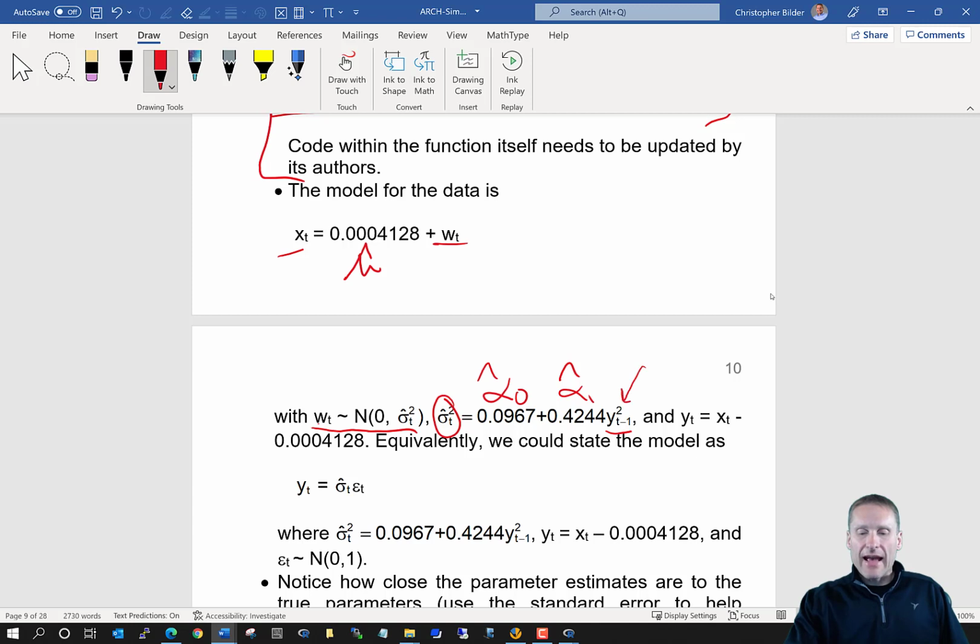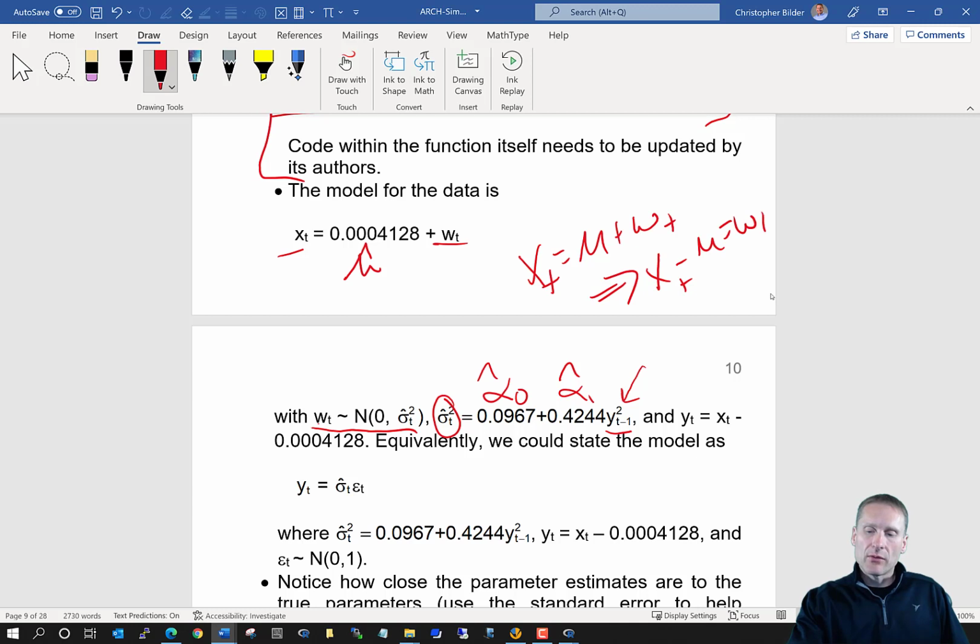You can think of y as our residual, because notice x of t is equal to mu plus wt. In other words, x of t minus mu is equal to wt. So y sub t is equal to x sub t minus the estimated mean.